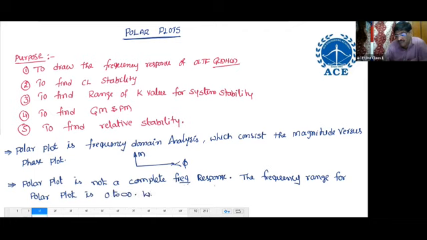Whereas for the Nyquist plot, the frequency range is minus infinity to plus infinity.